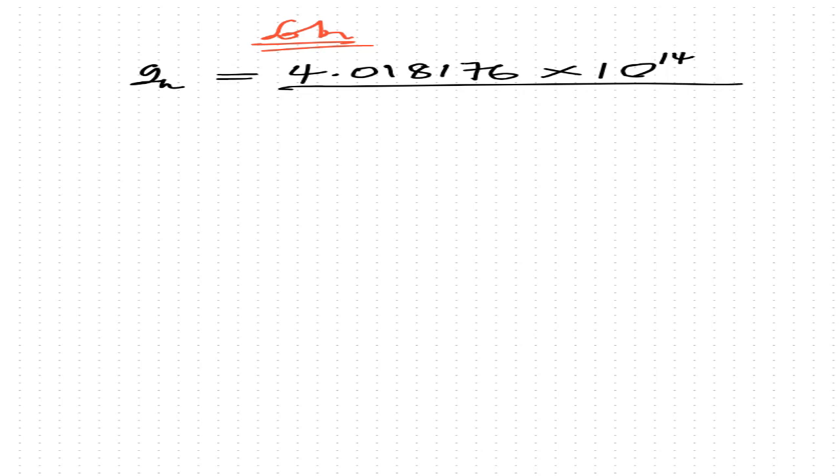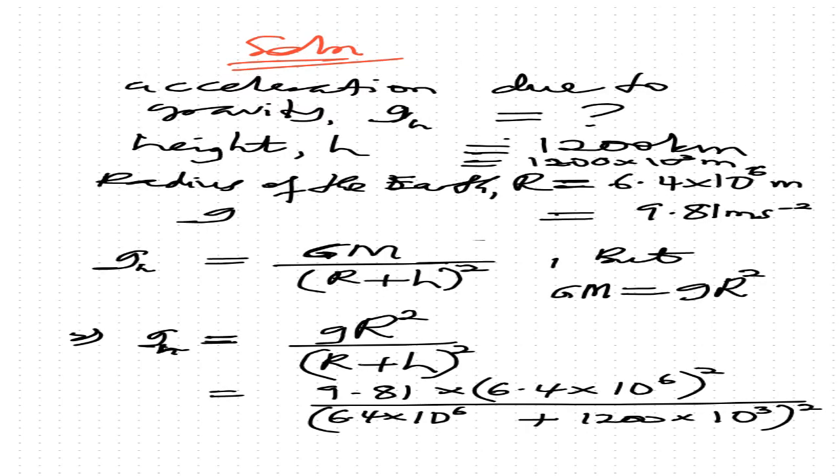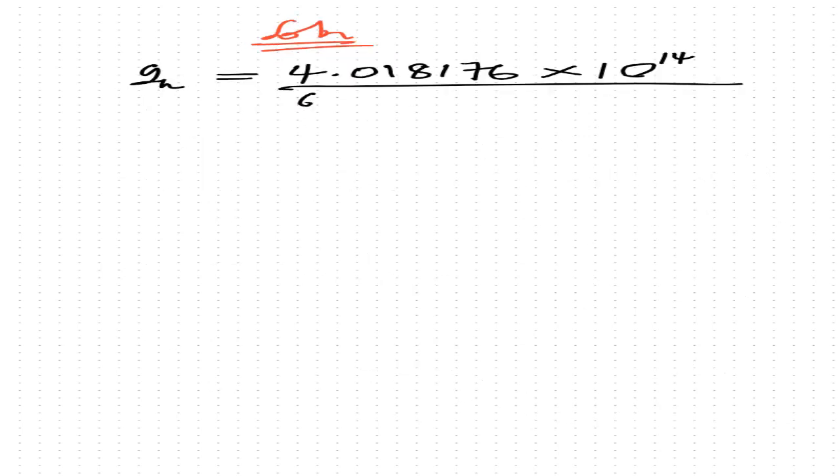Okay, that will be for the numerator. Let's check this. When you convert 6.4 times 10 exponent 6 to an ordinary number, this is what you get.